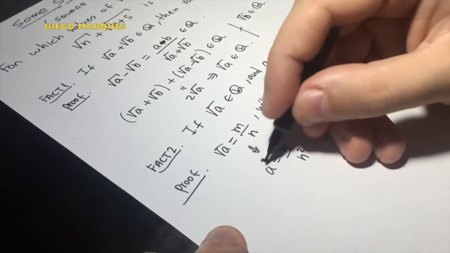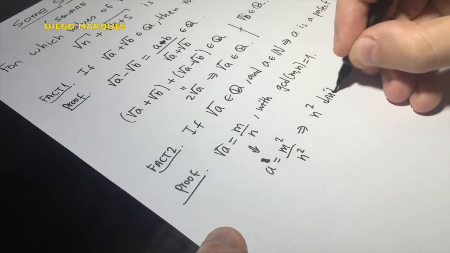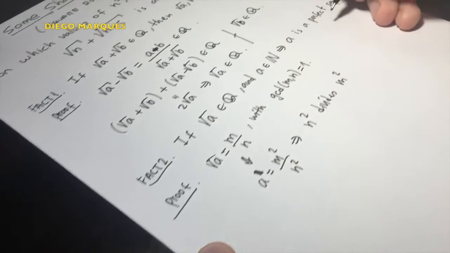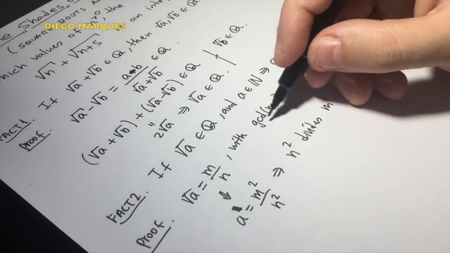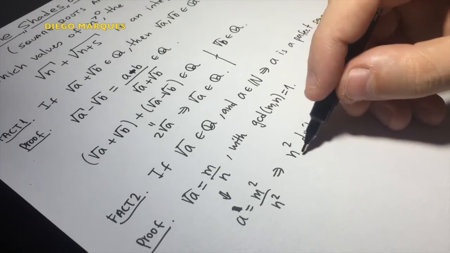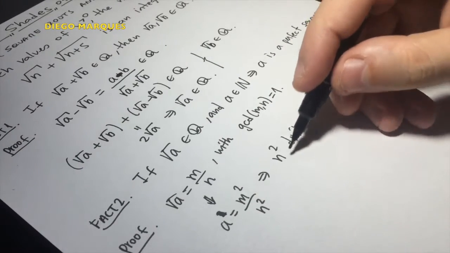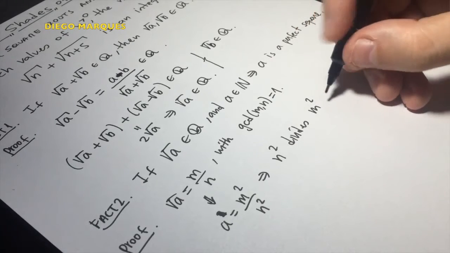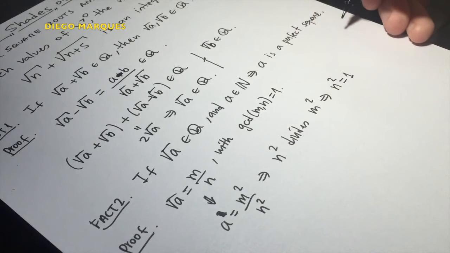Since a is an integer, this implies that n squared divides m squared. But since m and n are coprime, they don't have common prime factors, so n squared and m squared are still coprime. So if n squared divides m squared, this implies that n squared is equal to 1.